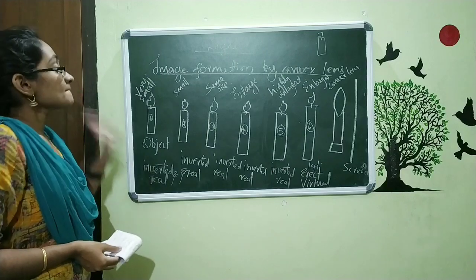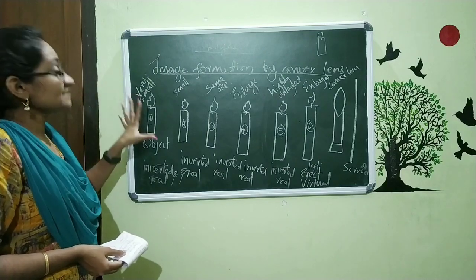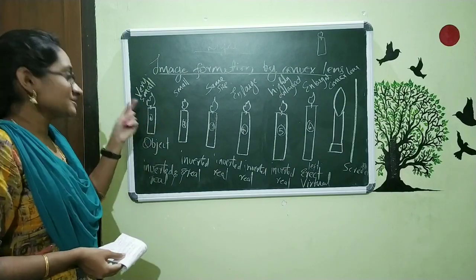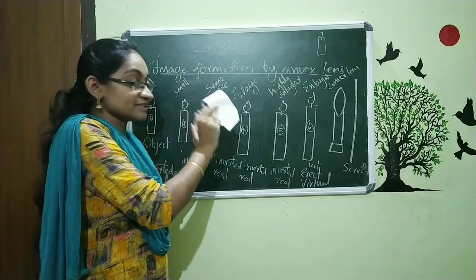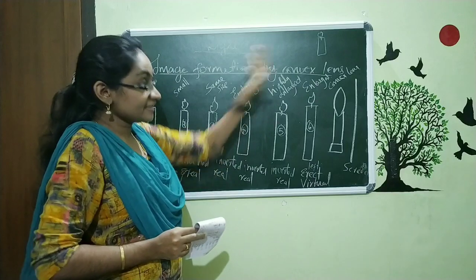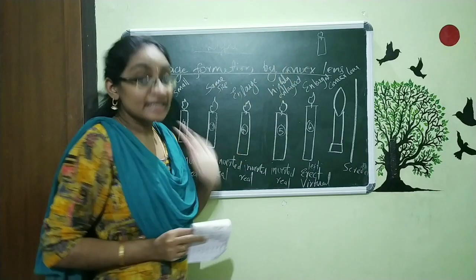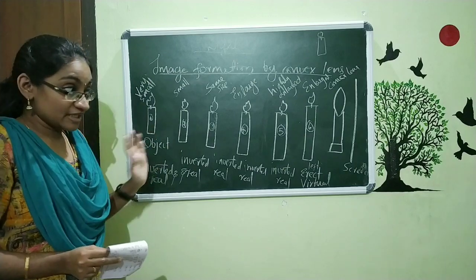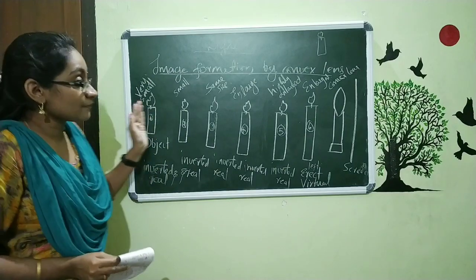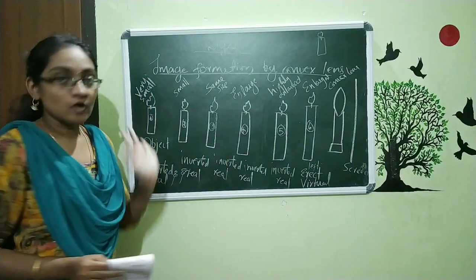For the size of the image, sometimes it is very small, then the same size as the object, then enlarged, highly enlarged. You will get all sizes of image. That means the size of image depends upon the position of our object.